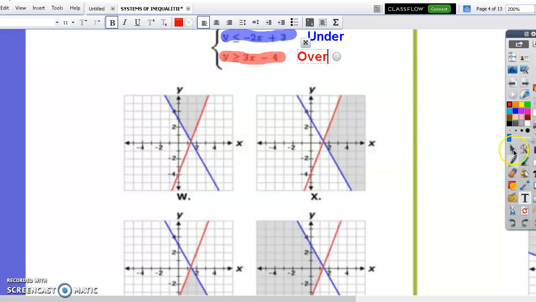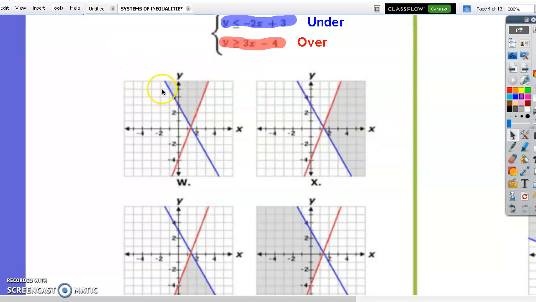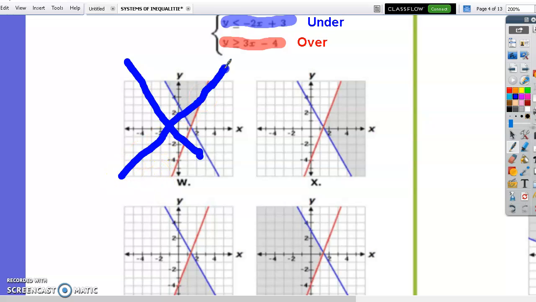So let's look at the first. So here's our blue line. If you were to put your right hand over top of it, this shading would be above the hand that's over your blue line. So our answer is not going to be W. This is not your solution.